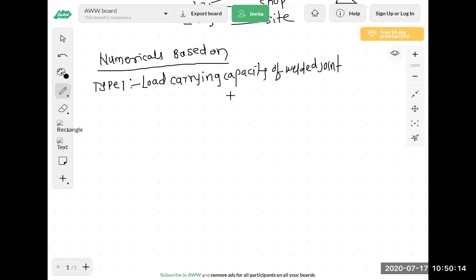So now we have to solve the problems or examples. So numericals based on the first type, the load carrying capacity of the welded joints.